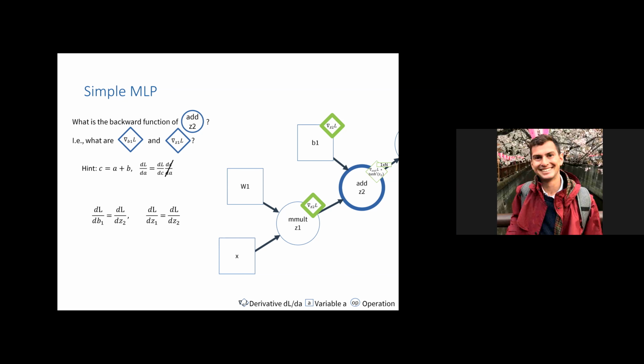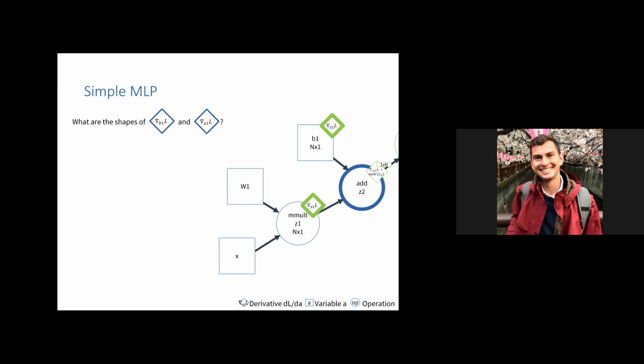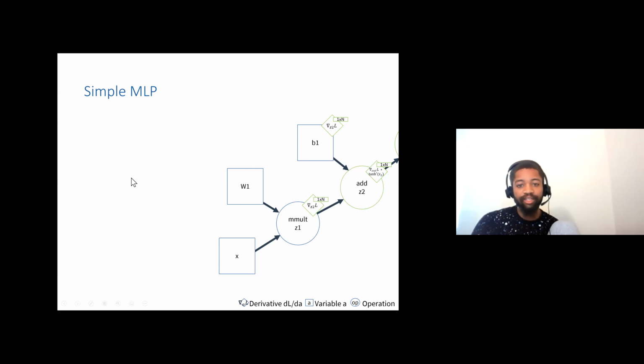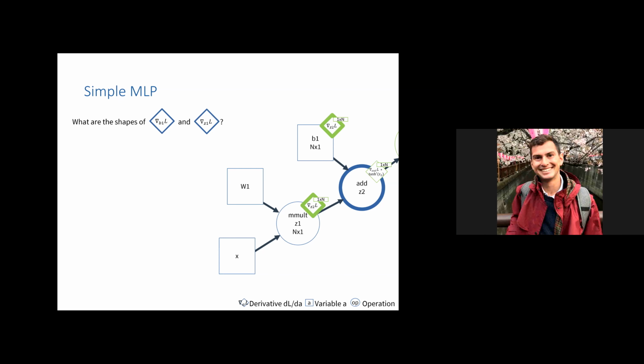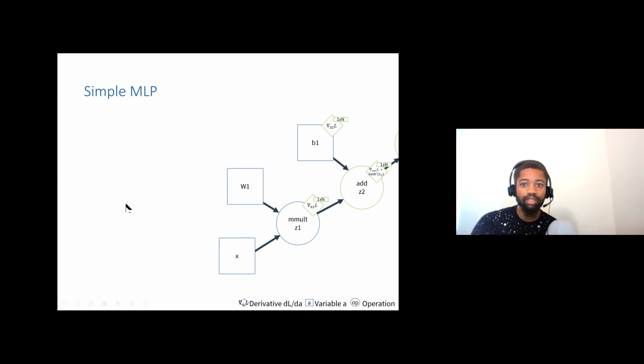Okay, any takers for the shapes of these two gradients? 1 by n. Yep, so they would just be transposed. Again, in homework 1 part 1 in PyTorch this isn't going to be the case, but generally they'll be transposed.